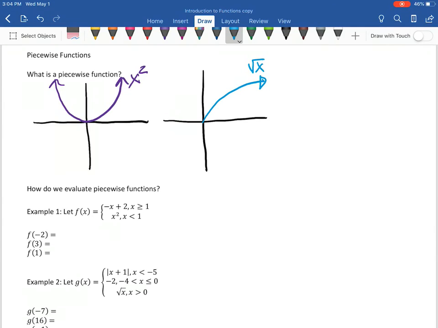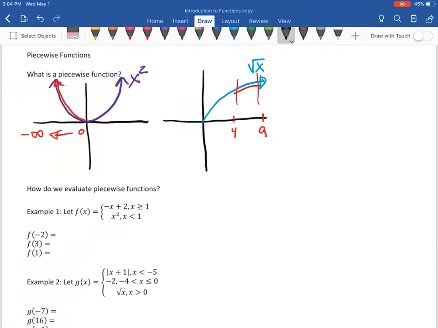And let's say I wanted to take this piece here of the quadratic, so from 0 to minus infinity, I want to take that piece. And then let's say I want to take the square root function from 4 to 9. I want to take that piece.